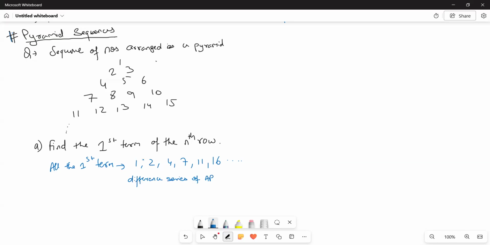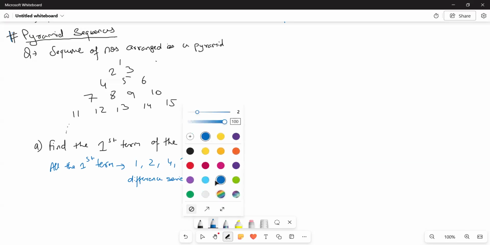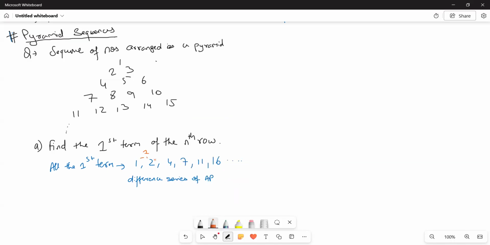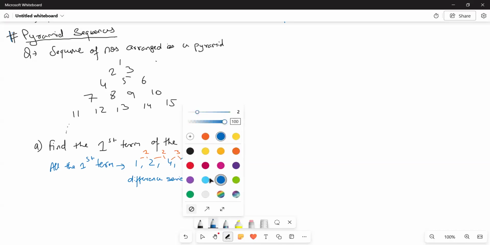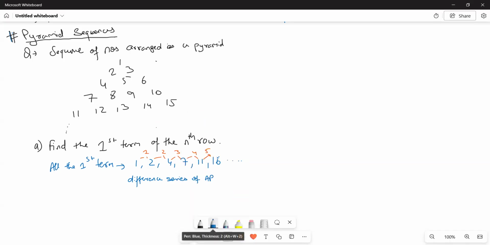The difference between these two is 1, here 2, here 3, here 4, here 5. So difference series of AP. Now we are asked to find out the first term of the nth row.